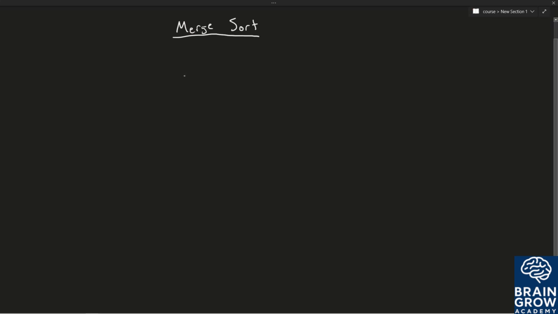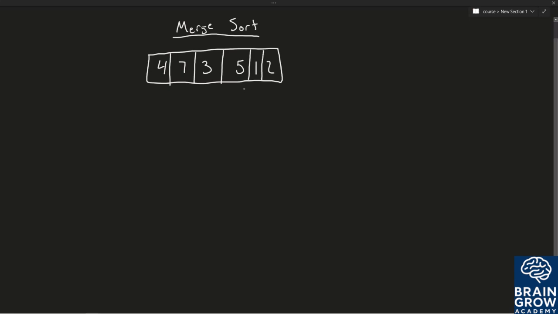At a very high level, say we have an array of 4, 7, 3, 5, 1, and 2. This is our initial array. We have all of our elements, and we know that this is going to be a divide and conquer. So we're going to divide right here at the midpoint.